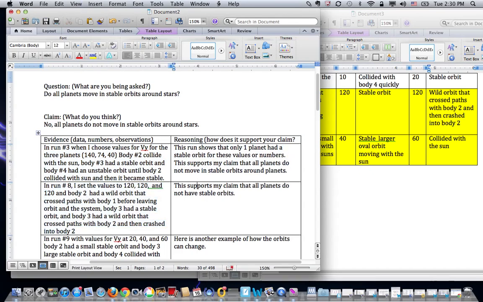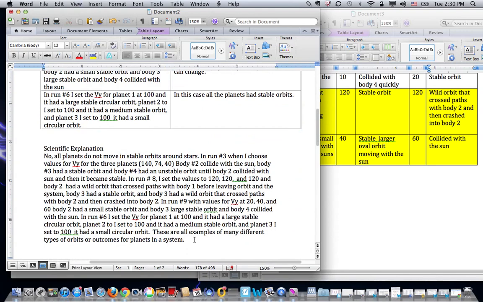But I'm just going to summarize all this at the end. Planets can have stable orbits, unstable orbits, cross paths, exit the system, leave orbit, collide or crash with other objects.